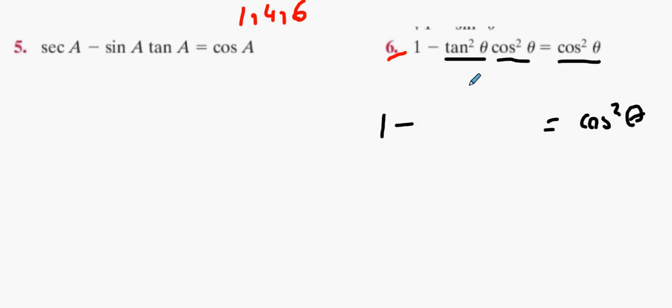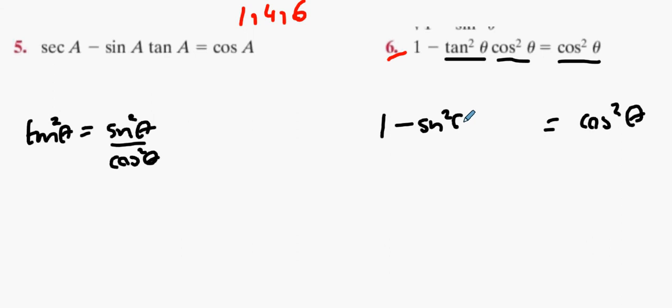So what I might think about doing there is, okay, tan theta equals sine theta over cos theta. Okay, that's great. Square both sides. Tan squared theta equals sine squared theta over cos squared theta. To me, that's a move in the correct direction. That's the perfect move. Cos squared theta cancel.